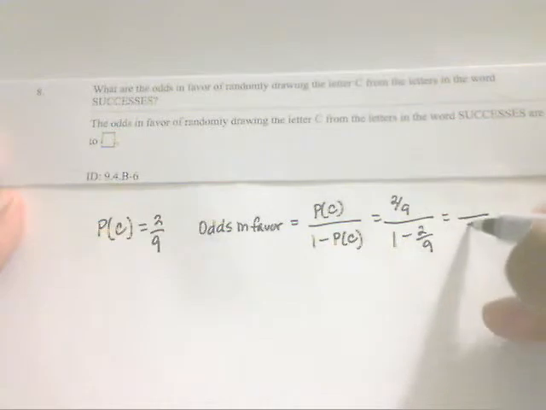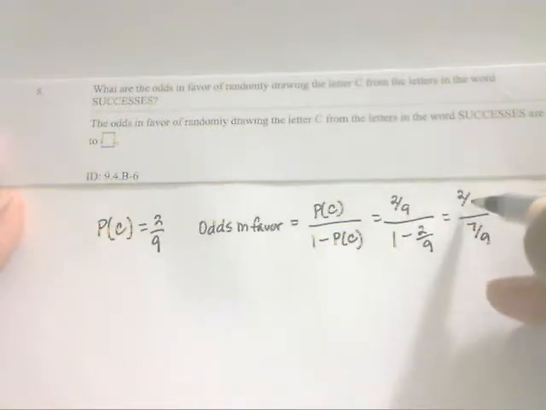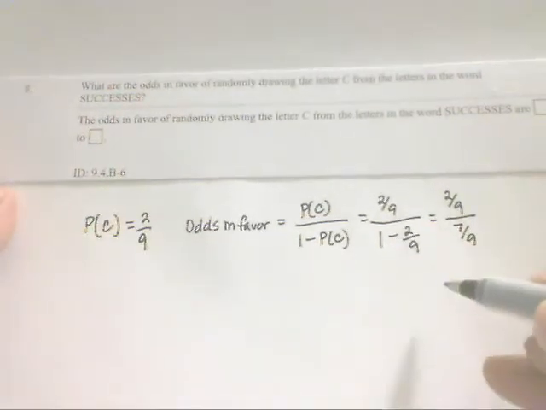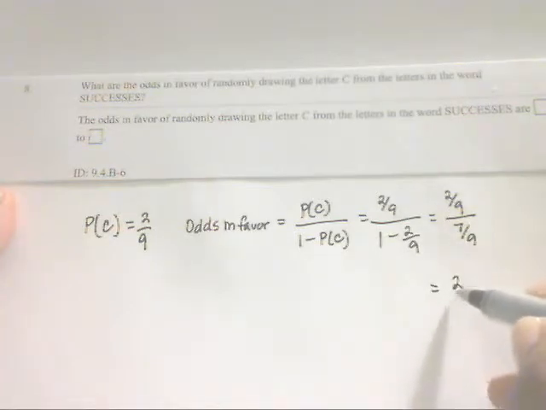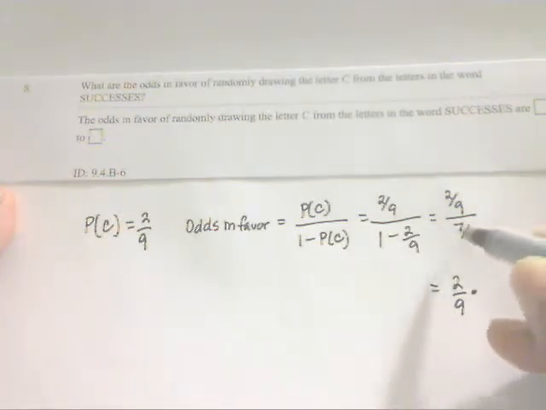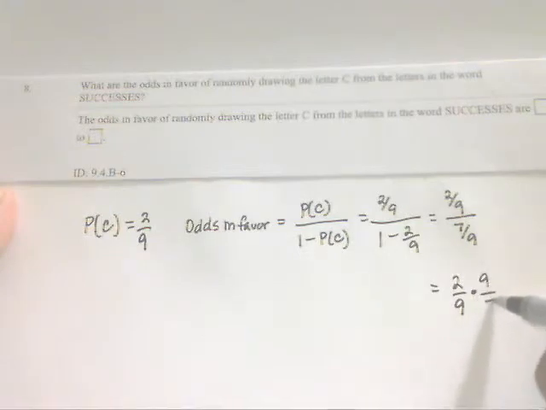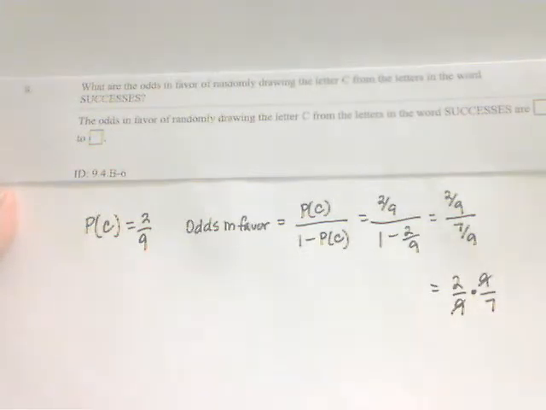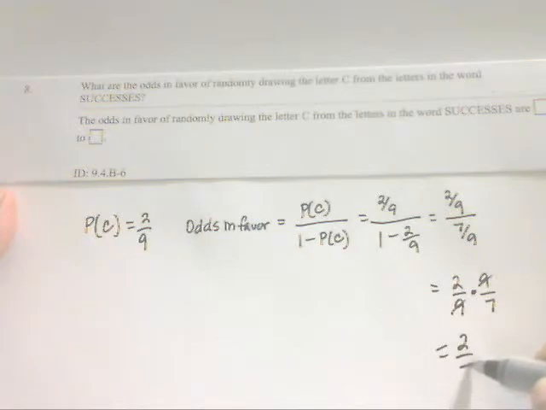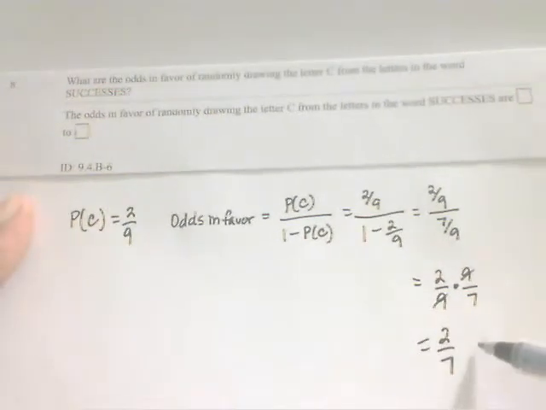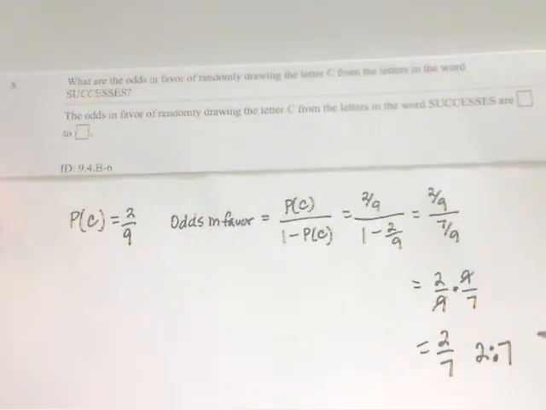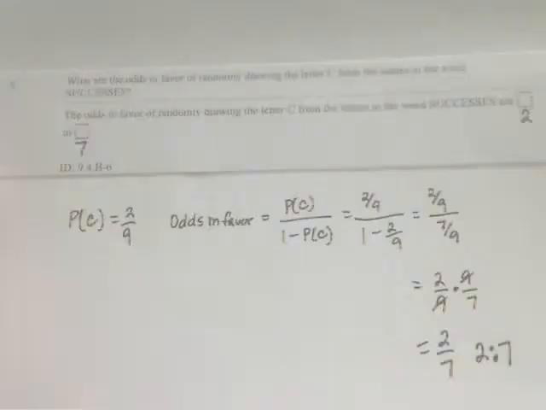That'll be 7/9 in the denominator. And your numerator will be 2/9. So in this case here, you'll have 2/9 times the reciprocal of 7/9, which is 9/7. Divide out the 9s, you're going to get 2/7, or another way of writing that would be 2 to 7. So the odds in favor of randomly drawing the letter C from the letters in the word successes are 2 to 7.